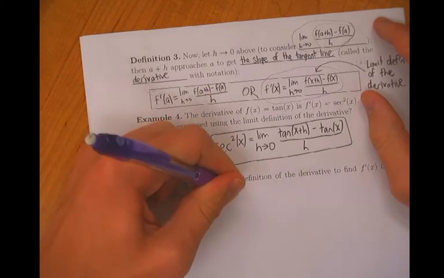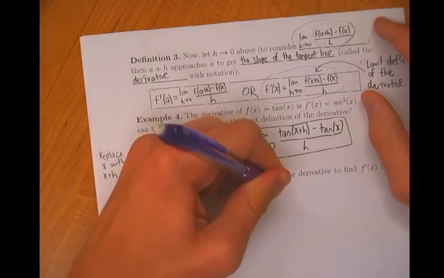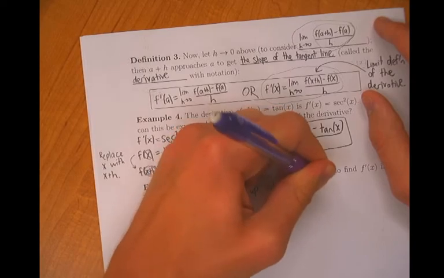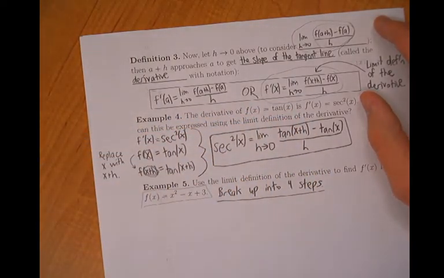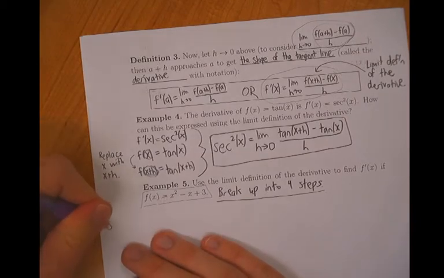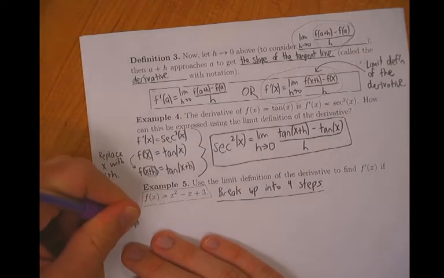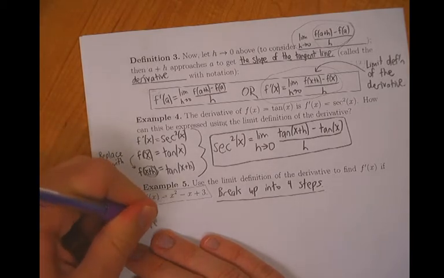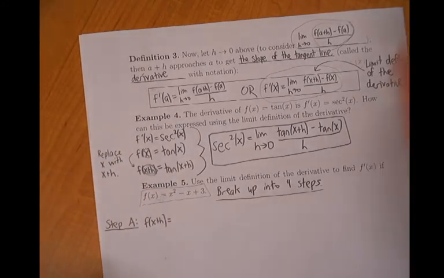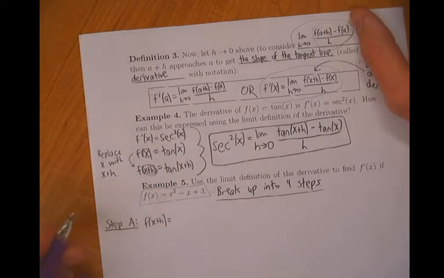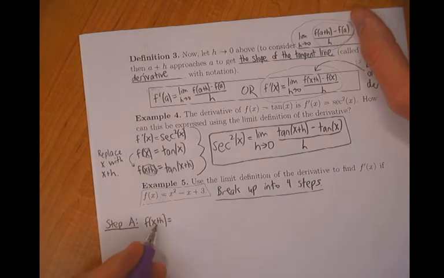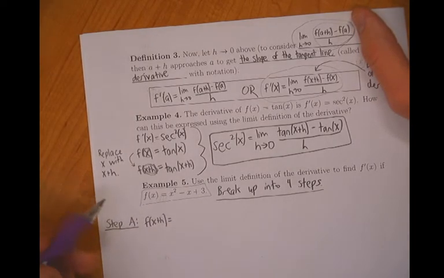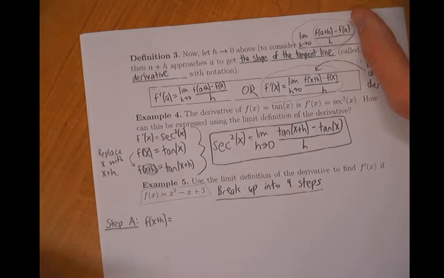So break up into 4 steps. Step A: we just need to find f of x plus h. We already have f of x, which is this quadratic. To find f of x plus h, as per our example above, all we need to do is replace x here with x plus h.